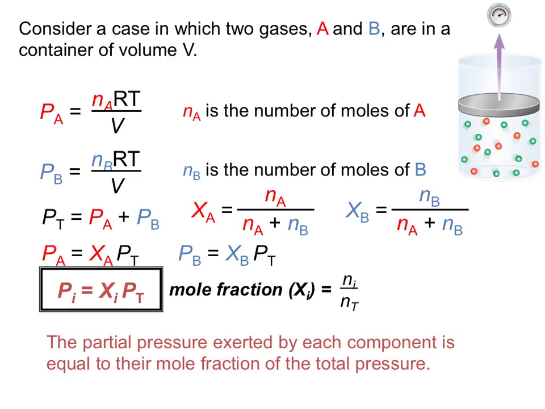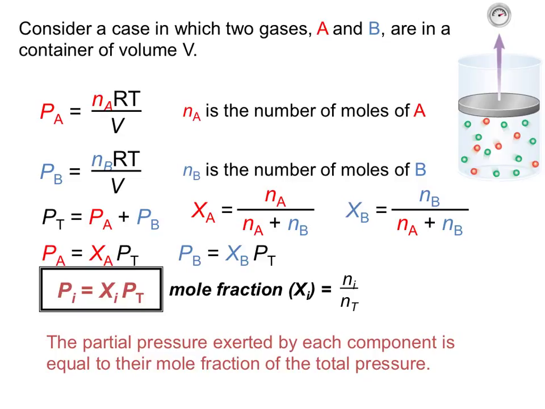So the mole fraction of gas A will be calculated by taking the number of moles of gas A and dividing by the total number of moles of gases A and B combined. The same concept applies to the mole fraction of B. You're going to take the number of moles of gas B and divide it by the total number of moles of gases in that container.